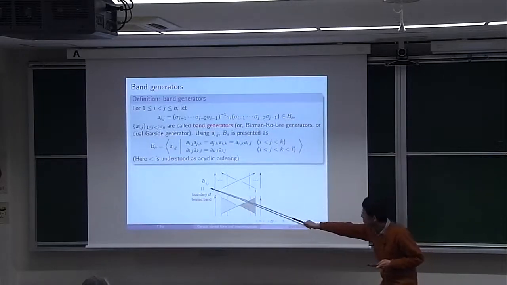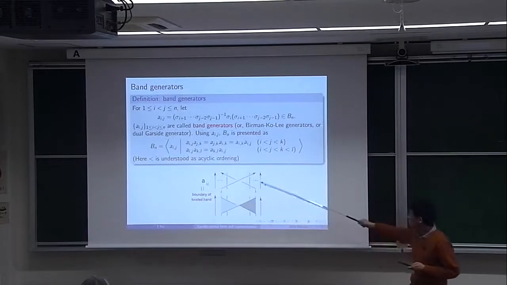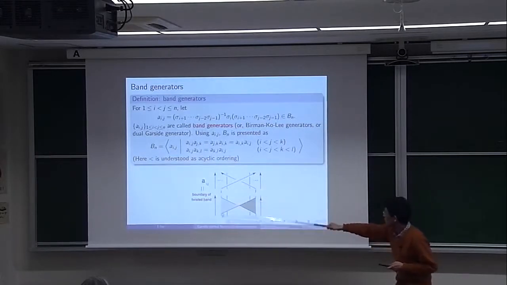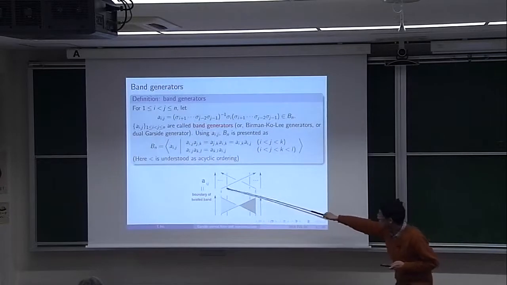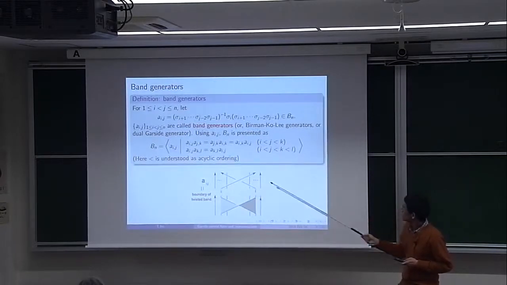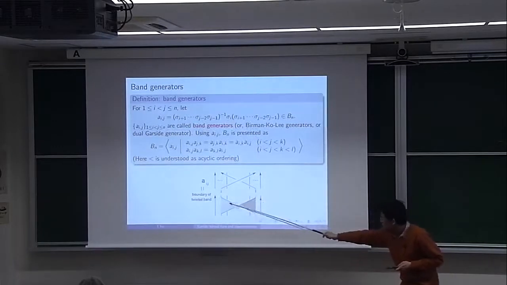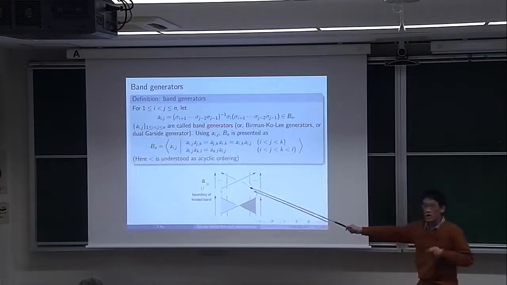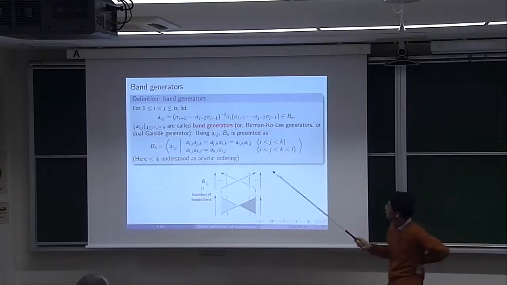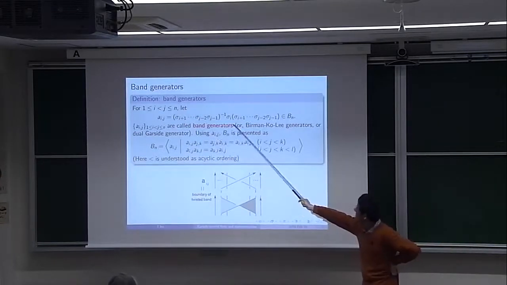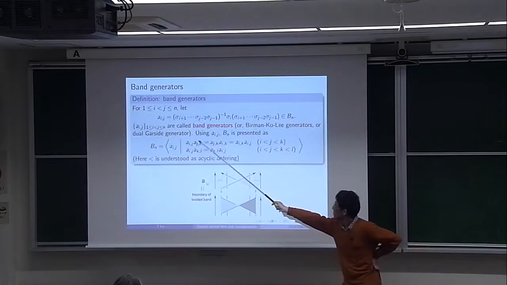It is just a braid where the i-th and j-th strands cross over the other intermediate strands from above. These braids are called band generators because it is just a boundary twisted band attached to the i-th and j-th strands. Using these band generators, the braid group is presented in this way.